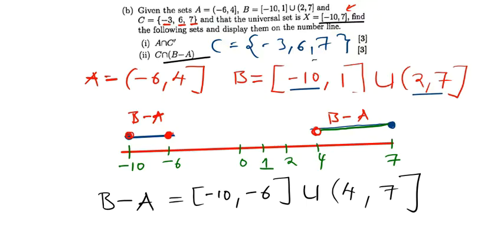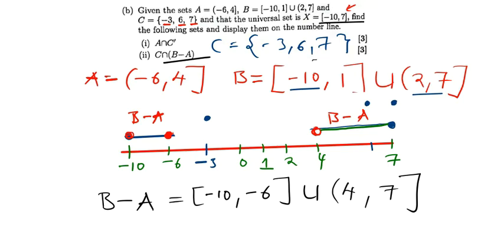So our C is a very simple set. It's having negative 3, so negative 3 is somewhere there. And then it's also having 6, so 6 is obviously somewhere closer to 7, right? And then it's also having 7 itself. So we're trying to find the intersection.